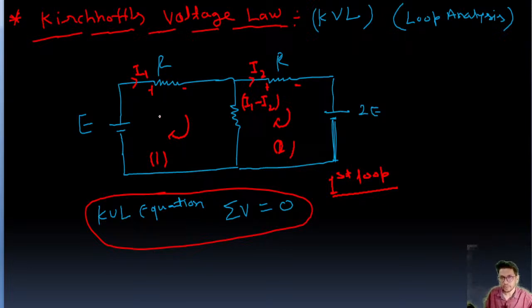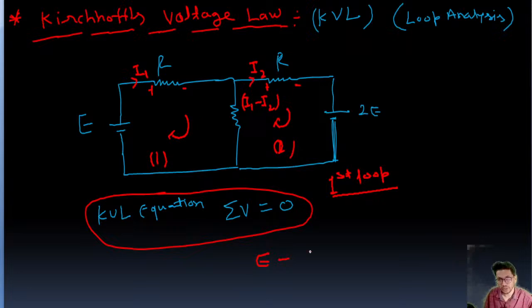I'm going to use the loop analysis, the KVL, in the first loop. We take the direction of current as minus to plus for the voltage, so this is going to be E minus IR, because the direction is plus to minus. Minus to plus, the sign will be plus, and plus to minus, the sign is going to be minus.